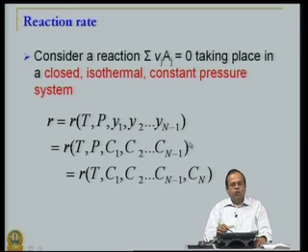If we do not like mole fractions and we want to deal with concentrations, for example, we could choose to express rate as a function of temperature, pressure and concentrations of n minus 1 species.